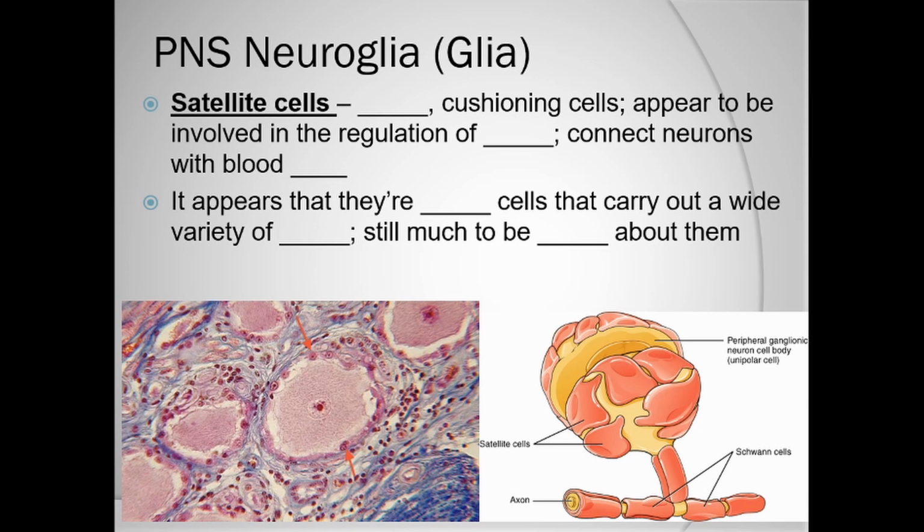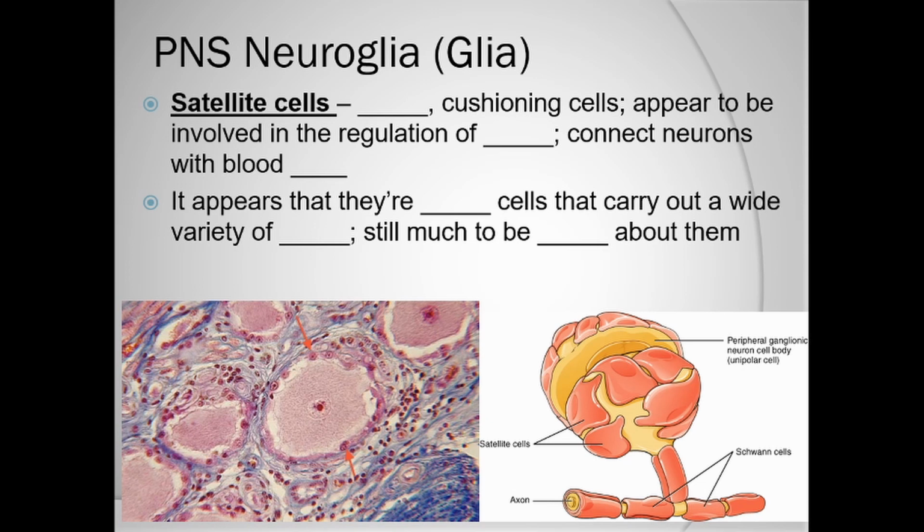It appears that they're complex cells that carry out a wide variety of functions. There is still much to be learned about them. Notice I use the word appear here because we're not sure. There seems to be a lot more going on with satellite cells than we think, and some of their functions are still a mystery.